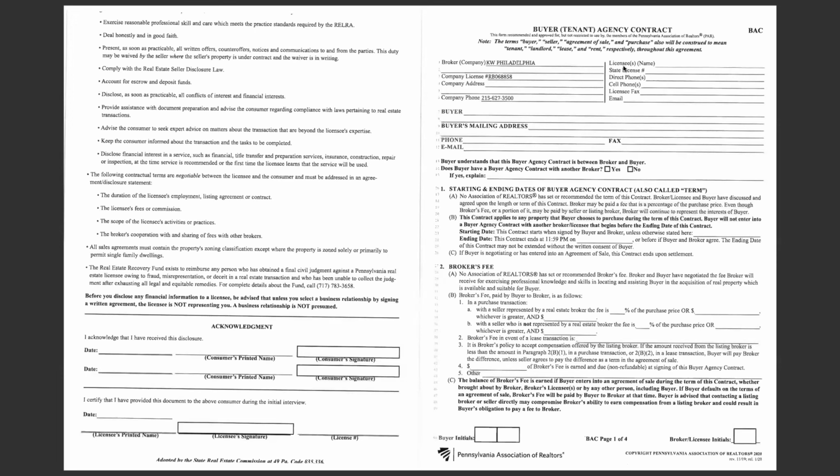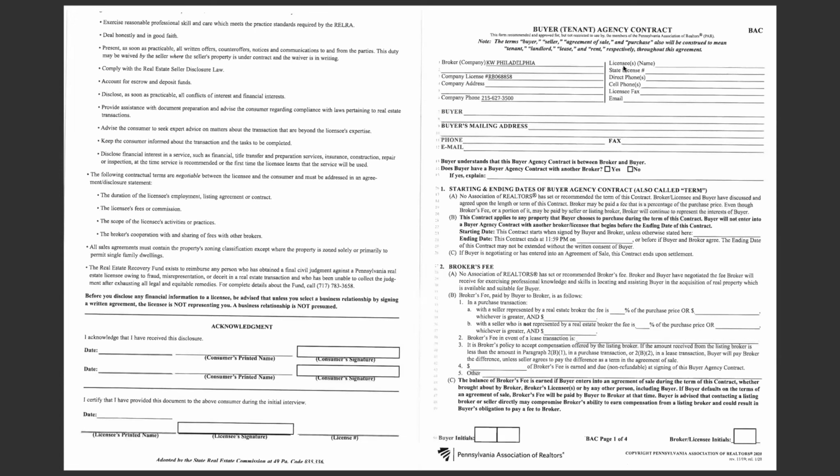You have to come up with that number. And you'll see on the next line, whichever is greater and blank with a dollar sign. That's that same blank number for your conveyancing fee. So if you're charging $350 on the sell side, you're going to charge $350 on a buy side. It's very important to be consistent with that number.